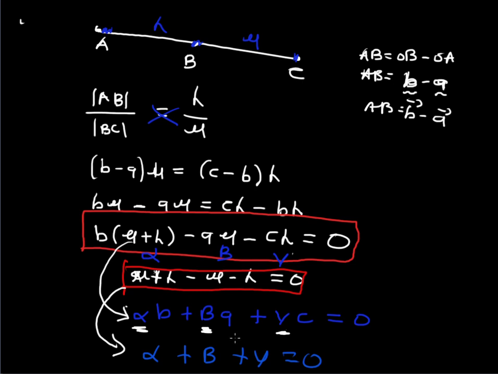Now we have one last expression which we will be deriving, and I think that you are definitely familiar with it. Remember, we obtained two equations: the first being lambda plus mu plus nu equal to 0, and also lambda A plus mu B plus nu C equal to 0.